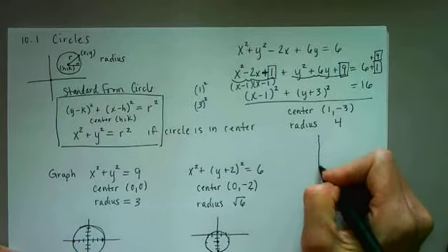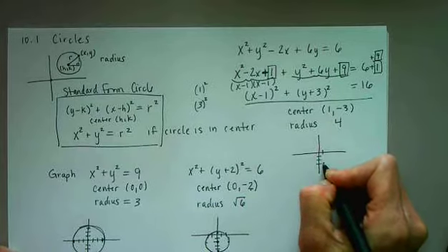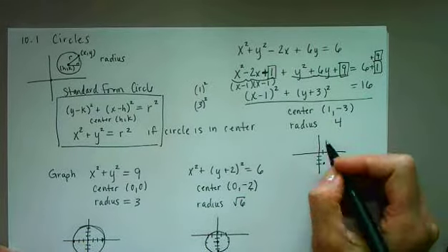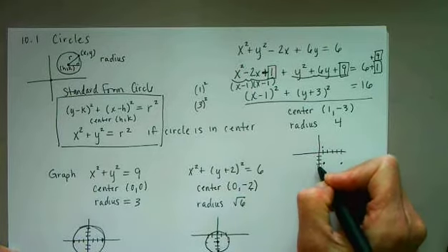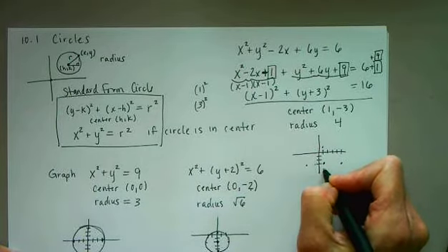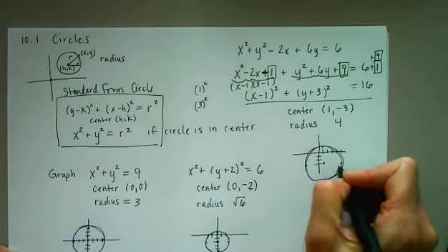So if I had to graph it, I know I would go over 1, down 3, and from that center I go 4 in every direction. So 1, 2, 3, 4. 1, 2, 3, 4. And then I draw my circle. Oh, pretend that's round. Okay.